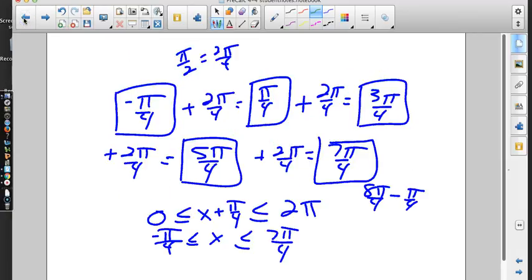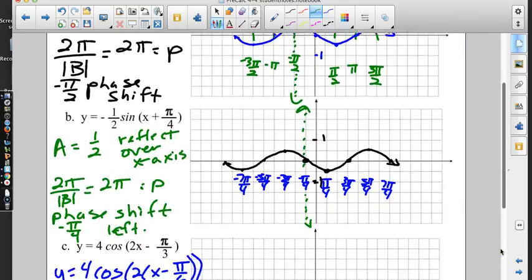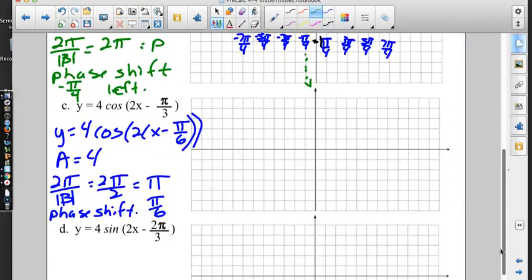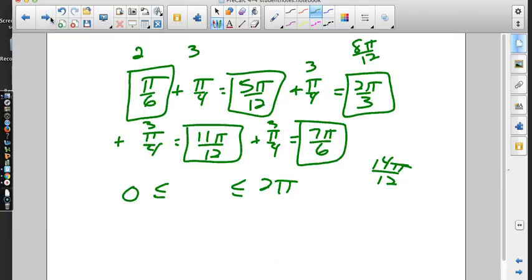So we go back, and this one had 2x minus pi over 3. And let's see if that was where we were supposed to finish up, 7 pi over 6.